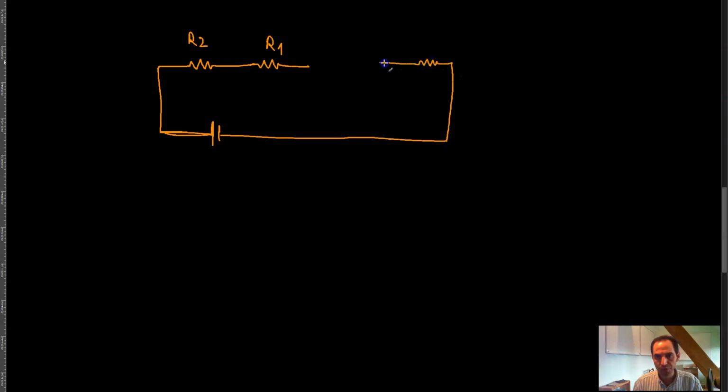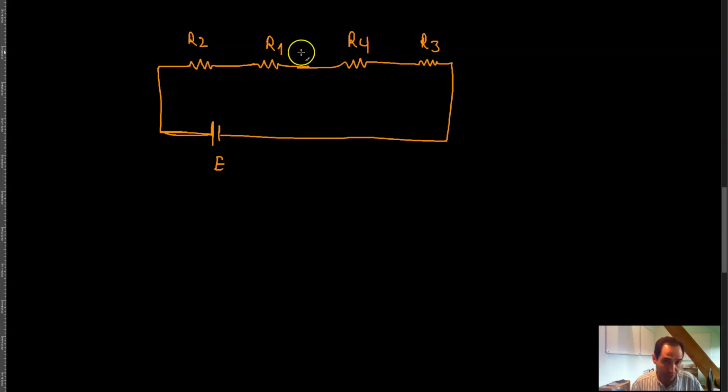Let's call that R2, and then another resistor, let's call that R1. Another resistor over here, let's call it R3 and R4. The power supply here is E, and that's basically the circuit that you have.